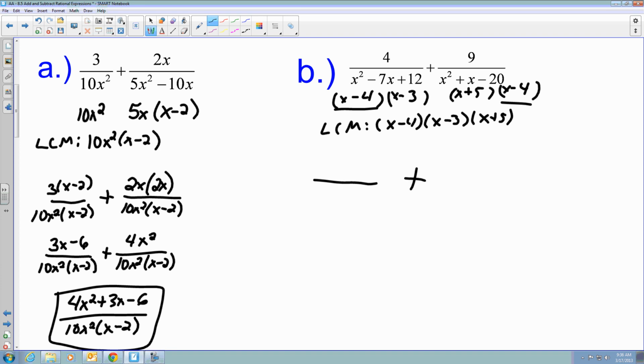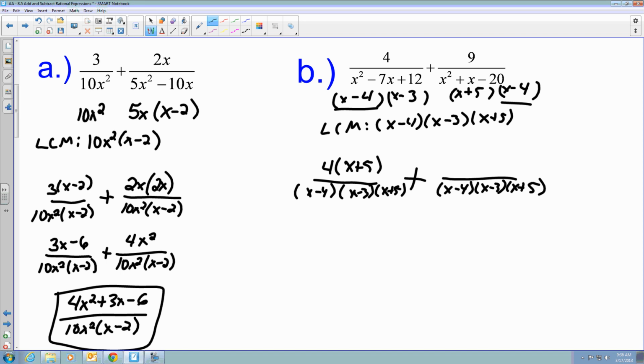So I got fraction here, so I'm going to write in x minus 4, x minus 3, and x plus 5 for both denominators. So for the left-hand side of my plus sign, what I've multiplied additionally to my denominator is an x plus 5. So if I did that to the denominator, I must do the same thing to my numerator. What did I do here?